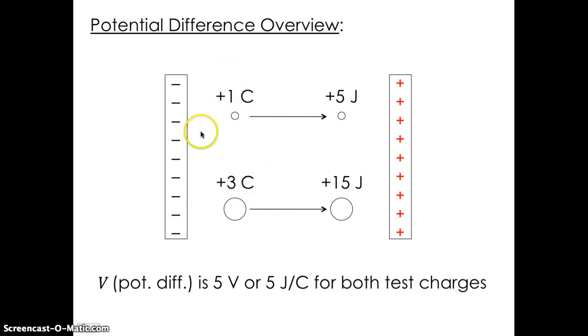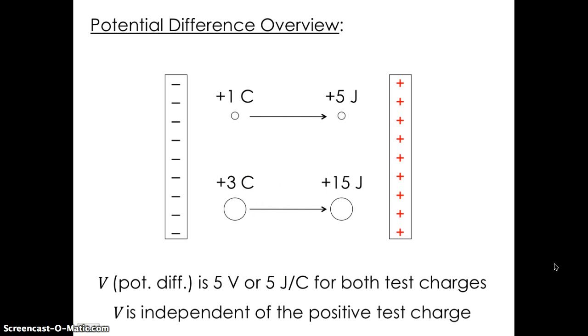So these two charges here we call test charges. And they're used to demonstrate how much energy is gained, right? 5 joules or 15 joules. And when we look at the ratio of the energy gained to the charge, we get the voltage, the potential difference. And what we notice is that the voltage is independent of how big the test charge is.